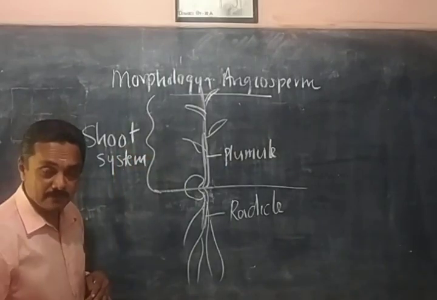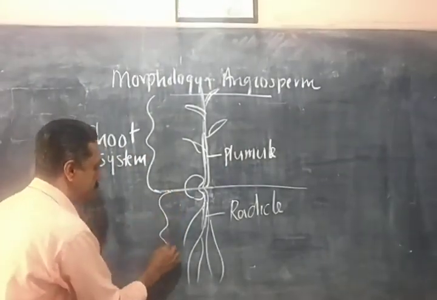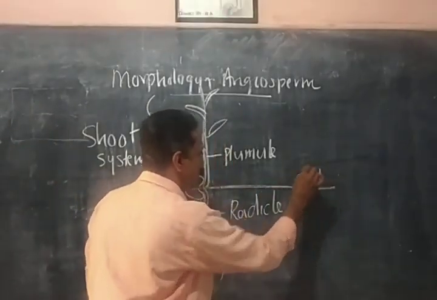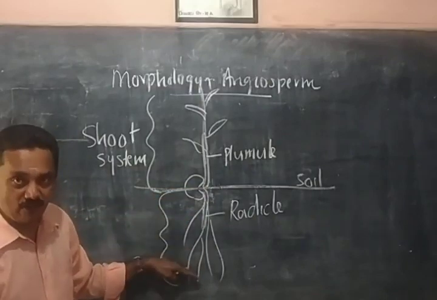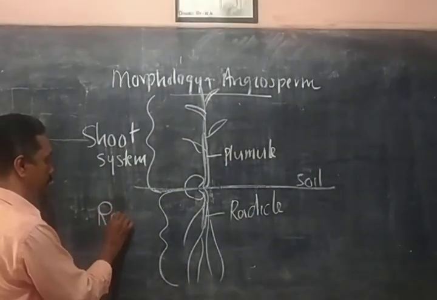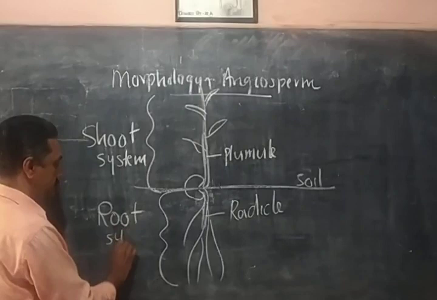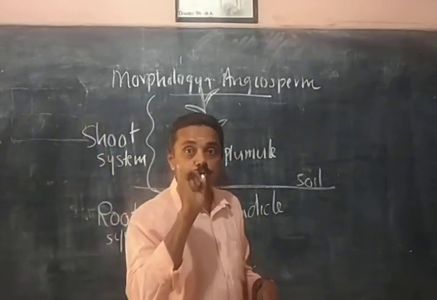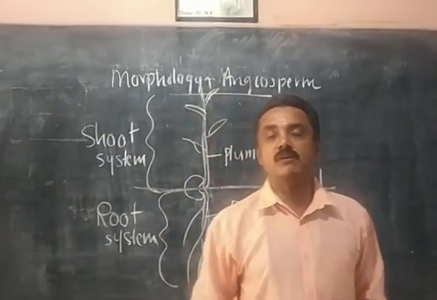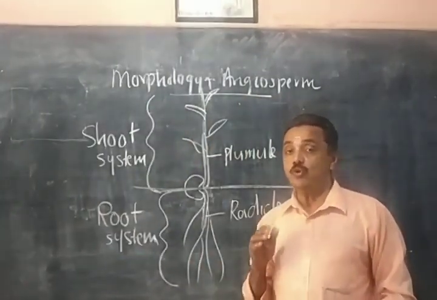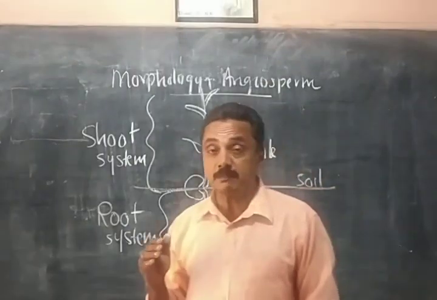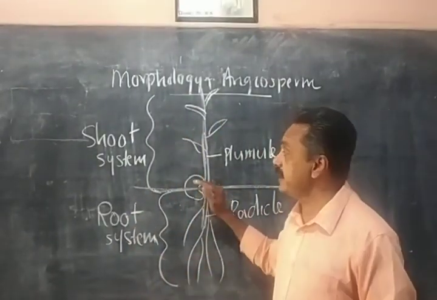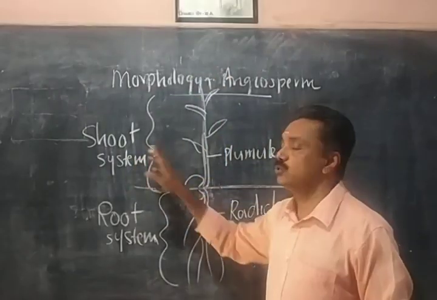Shoot system, and the part of the plant present below the soil level, so this is the soil level, the part of the plant present below the soil level is called as root system. See, not root but root system. So a typical flowering plant has two portions: the part of the plant present below the soil level is called root system, and the part of the plant present above the soil level is called shoot system.